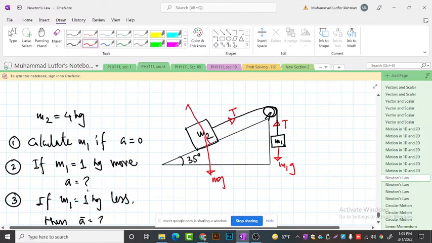This would be N, the normal force. This is going to be, it's M2, I'm sorry, it's M2G. This is going to be M2G cos theta, and this is going to be M2G sin theta.